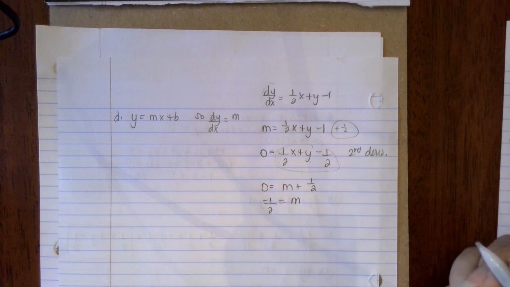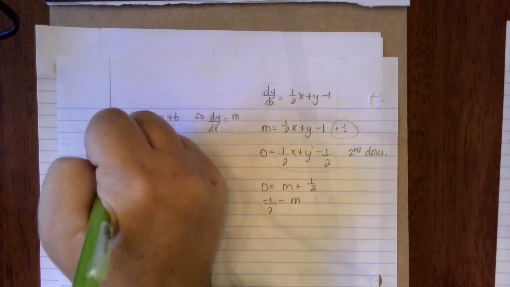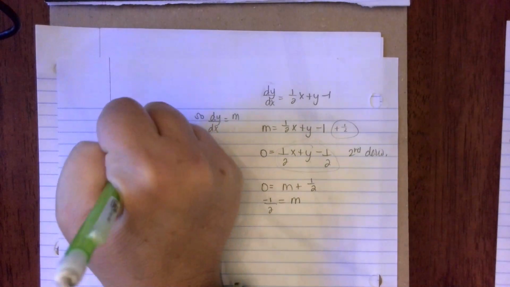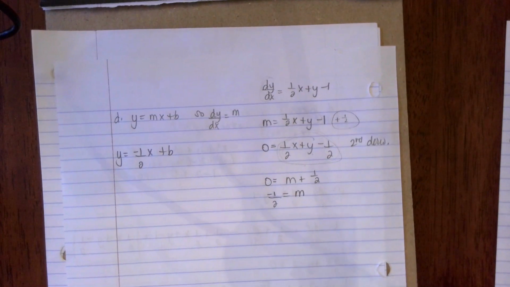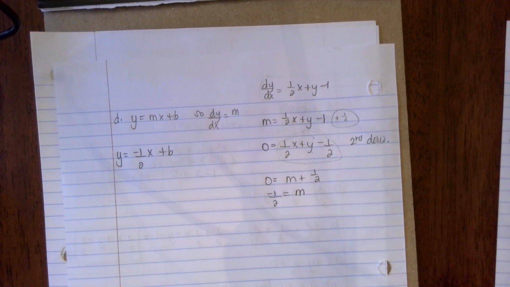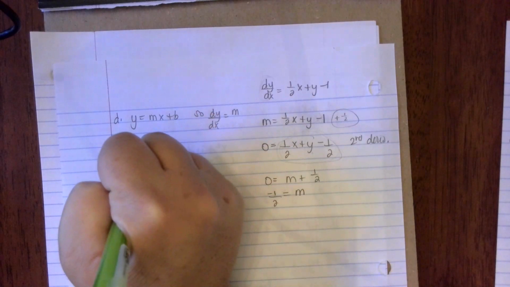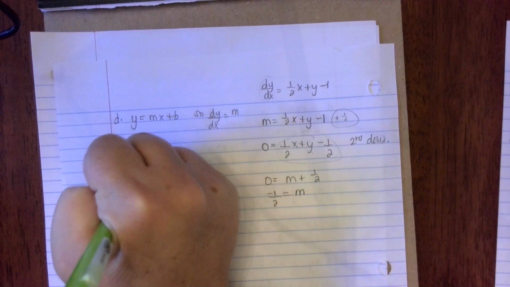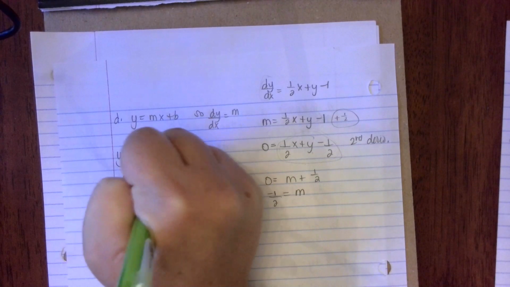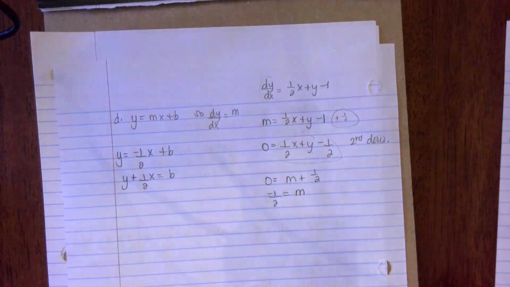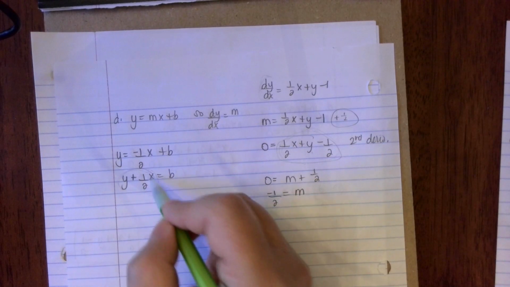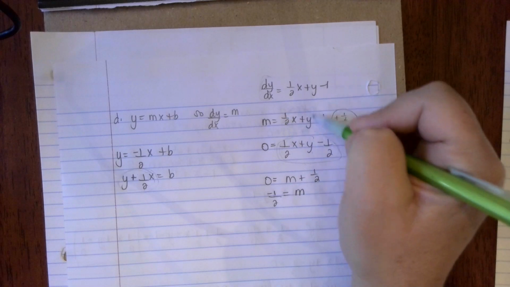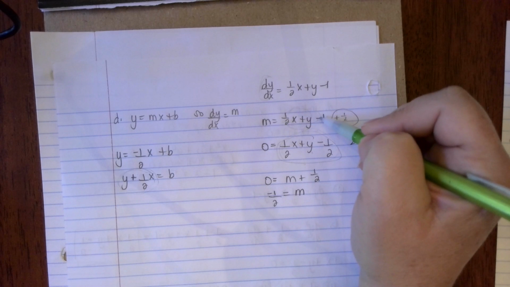All right, so now we've got our equation y equals negative 1/2 x plus b. So we needed to solve for b. If I get b all by itself, I get y plus a 1/2 x equals b. Okay, look at this equation right here. y plus a 1/2 x, y plus a 1/2 x, and then we've got this minus 1.